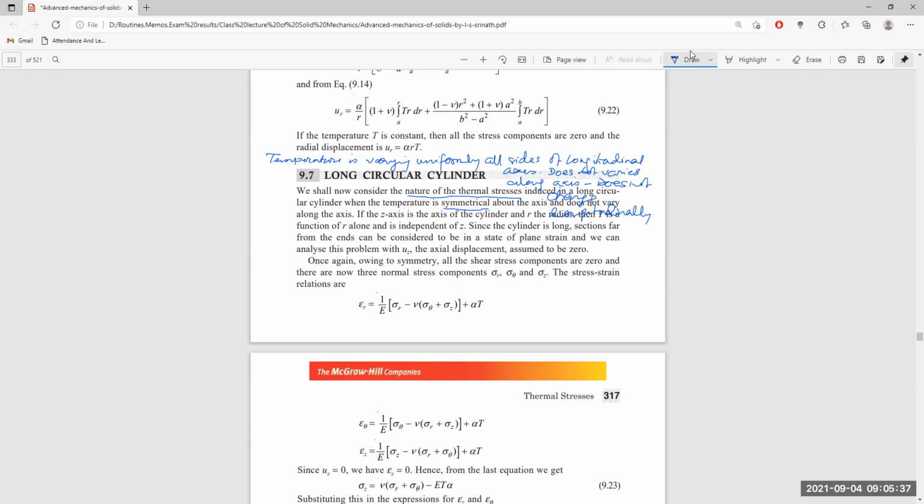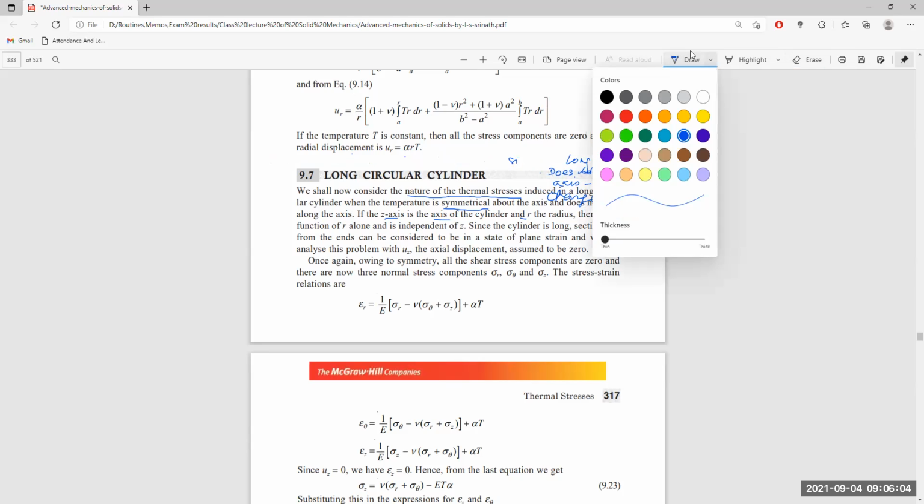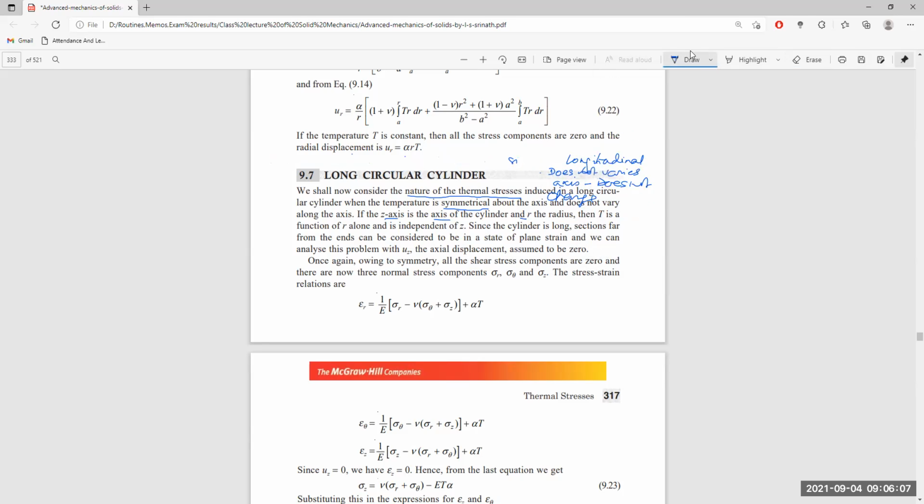Now, if the z-axis is the axis of the cylinder itself and r is the radius, then T, the temperature, is a function of r alone and is independent of z.